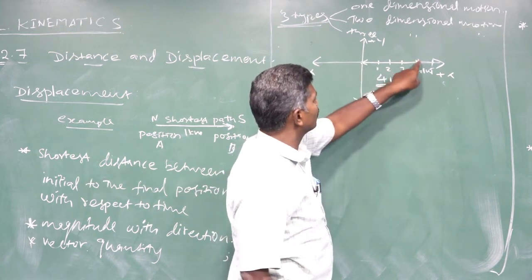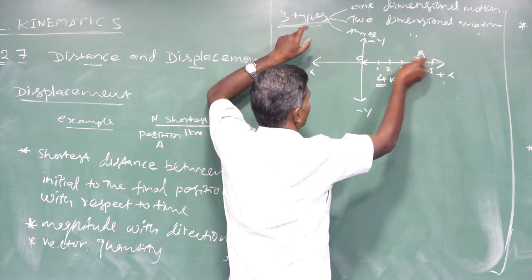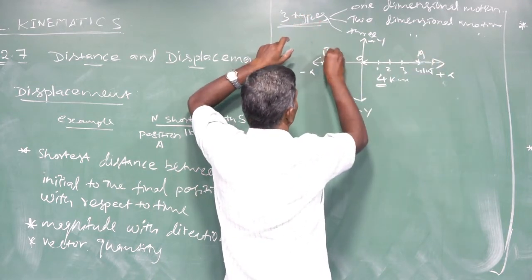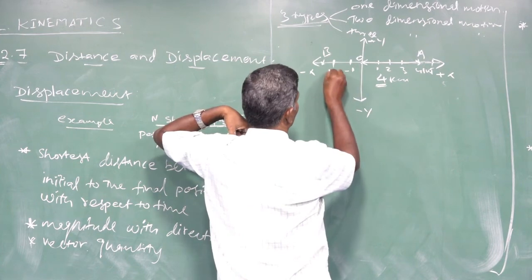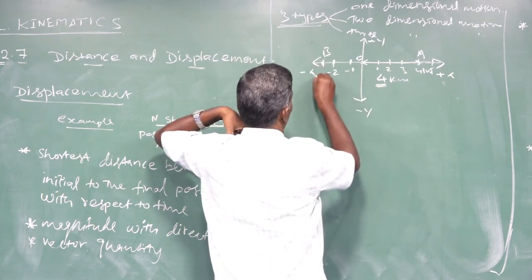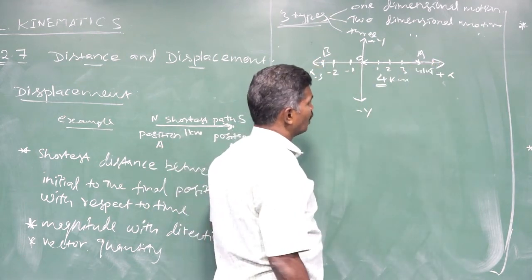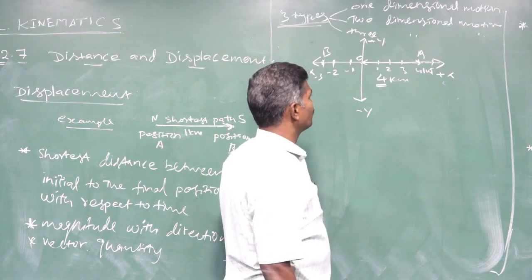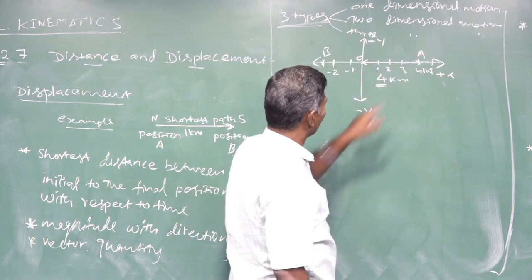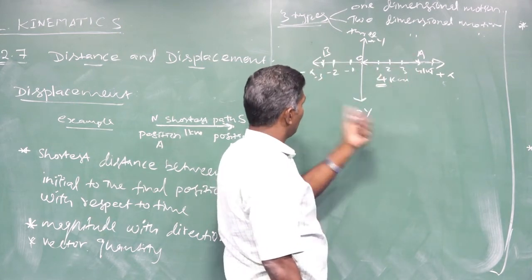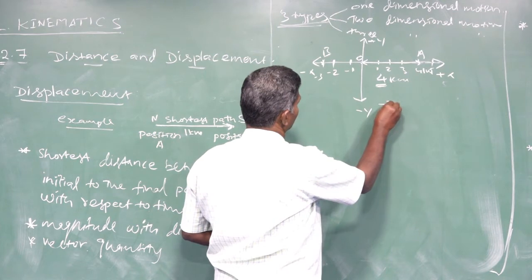Further he is moving from that origin, which is position A, further from A to B. Here we have in kilometers -1, -2 and here -3. Now what is the displacement? First of all, the man is moving in the positive x direction. Further he is moving in the opposite direction, so here we are representing -3 kilometers.